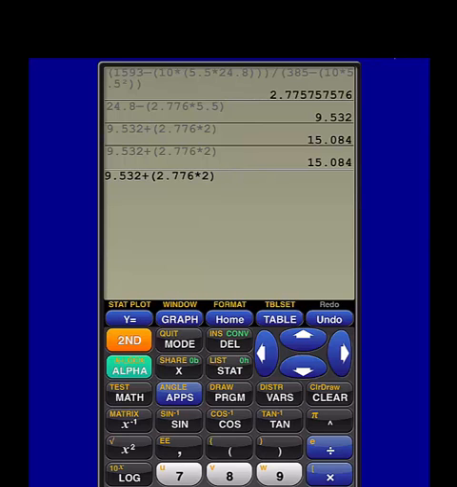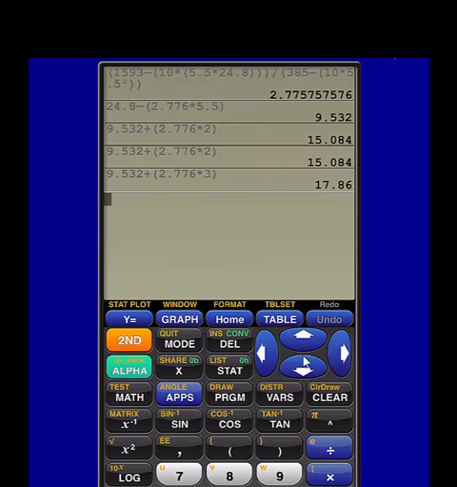Now I'm just going to use the arrow keys to go back to where the 2 is and replace that with 3, and then hit enter, and it's going to give me 17.860, which is very convenient.